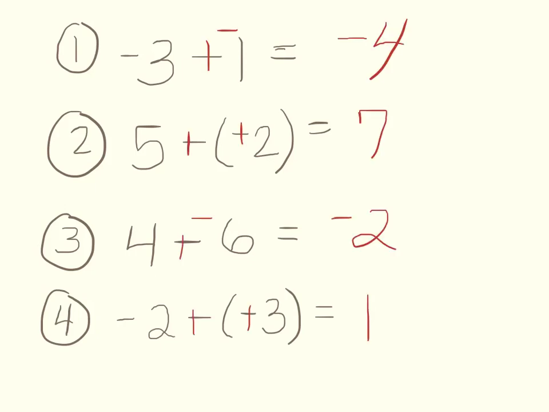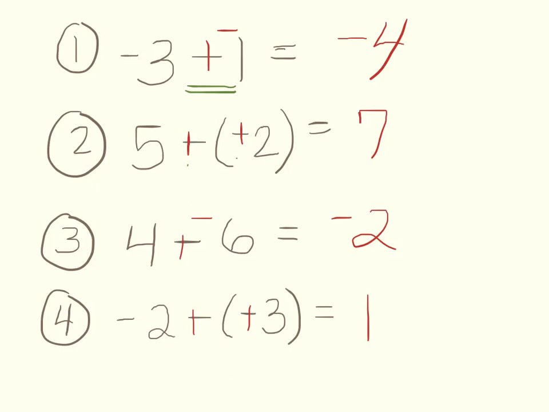Okay, and here are the answers for you. As you notice in number 1, I add the opposite, so it's negative 3 plus negative 1, which is negative 4. Number 2, the minus the negative becomes 5 plus positive 2 when I add the opposite instead of subtracting, which gives me an answer of 7.